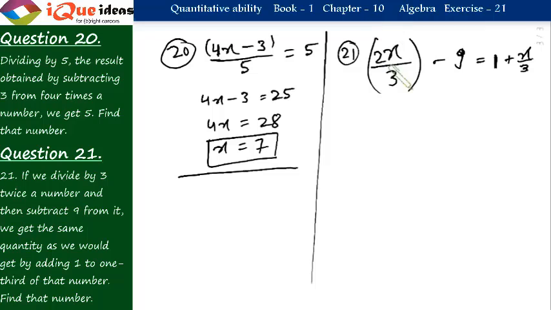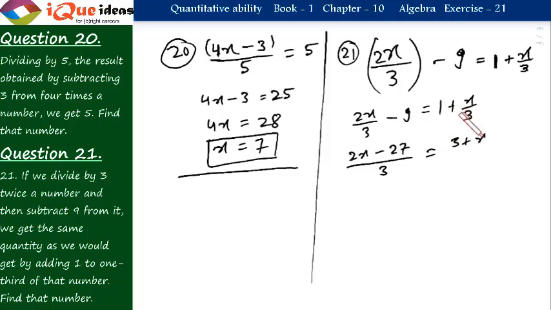Right? So twice the number, 2x divided by 3. Then whatever you get, subtract 9 from it. You will get same as 1 added to 1/3 of the number, x by 3. Now simplify this, it is 2x by 3 minus 9 is equal to 1 plus x by 3. So you can take LCM, so it becomes 2x minus 27, LCM is 3, it is 3 plus x by 3.